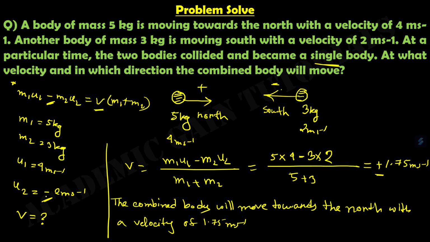Remember this: as I used the minus sign in the formula, I don't need to use the minus sign here. The actual formula of conservation of momentum is m1 u1 plus m2 u2 equals m1 v1 plus m2 v2.